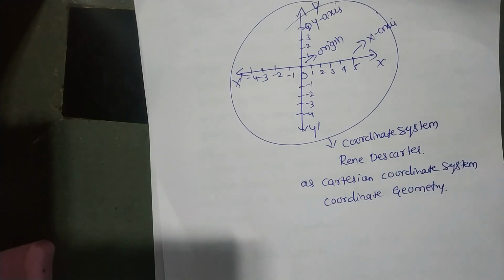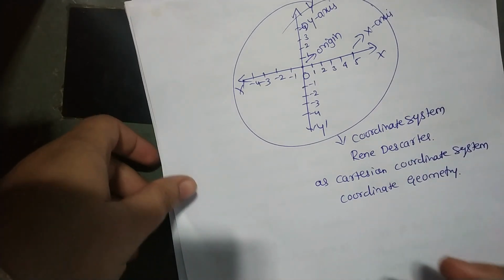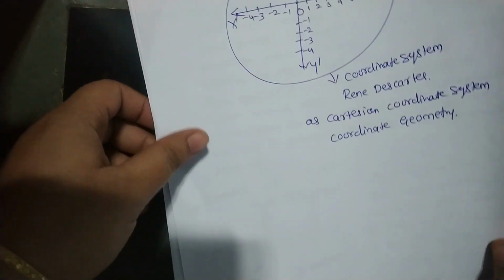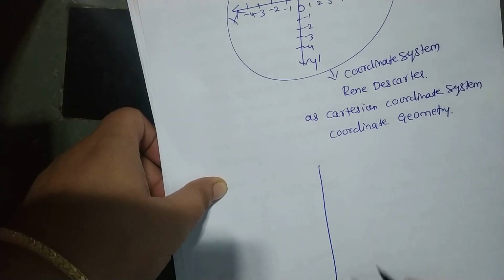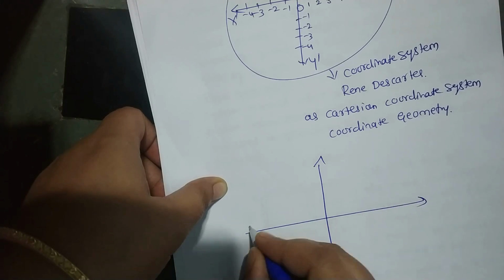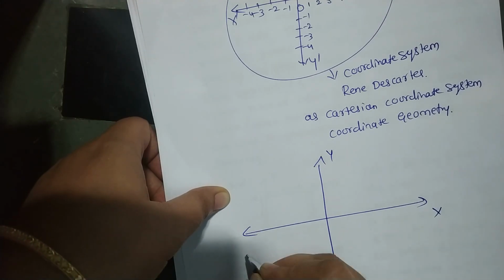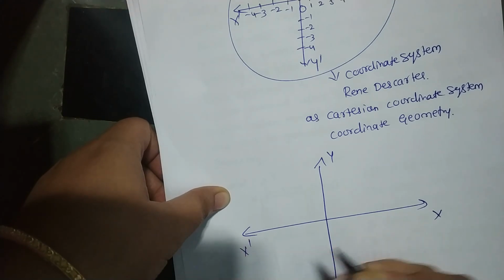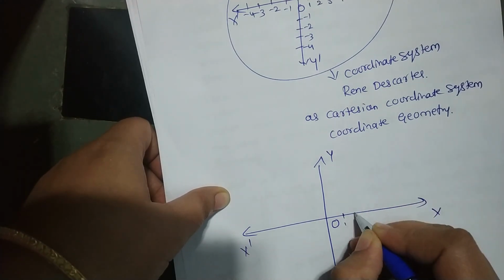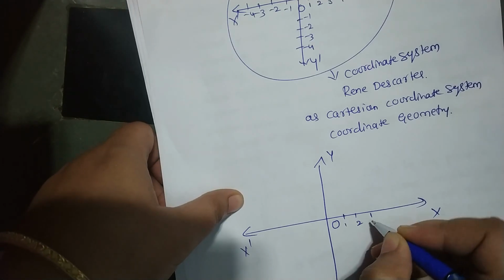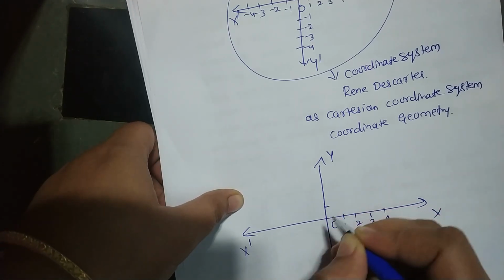For example, if we want to find the location of any point on the plane, let's locate one point somewhere in the plane.